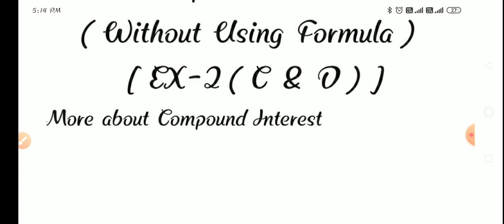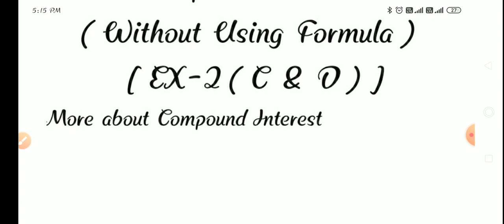Means in this exercise the questions which you have studied in exercise 2A, 2B and today in 2C, same type of questions you will get in exercise 2D. So after completing exercise 2C, you will do exercise 2D yourself because it is a miscellaneous exercise.